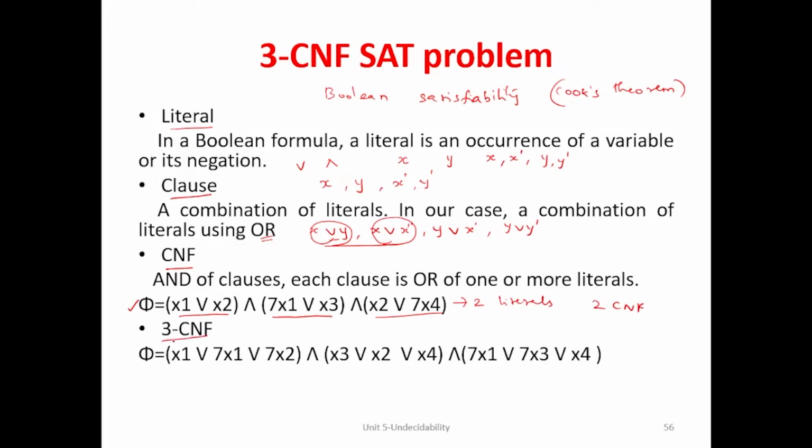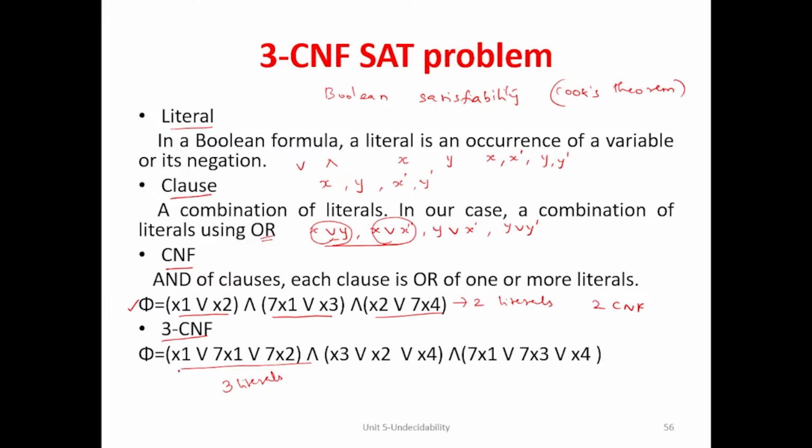What is the meaning of 3 CNF? Each clause should contain 3 literals. If you frame 3 literals in a clause, then it is called 3 CNF. Here is an example of 3 CNF: pi is equal to x1 OR negation of x1 OR negation of x2.